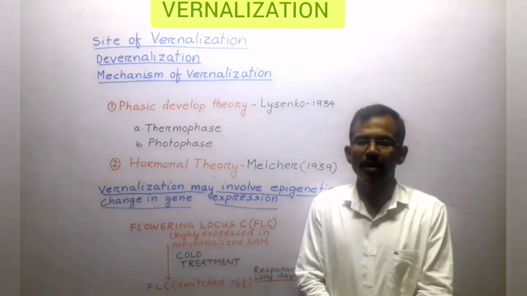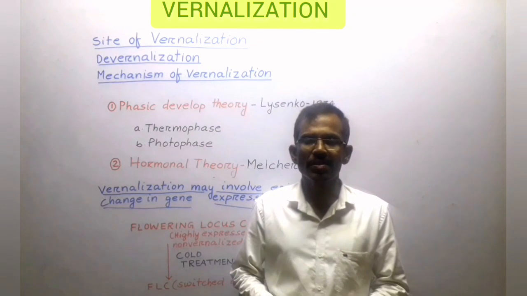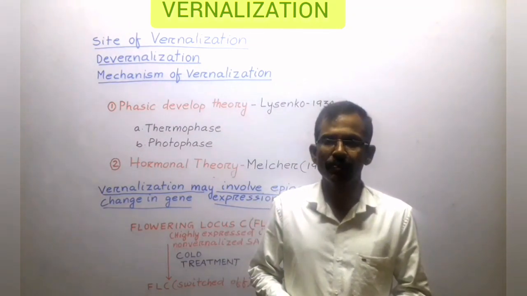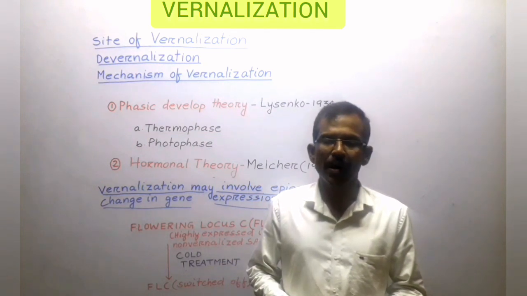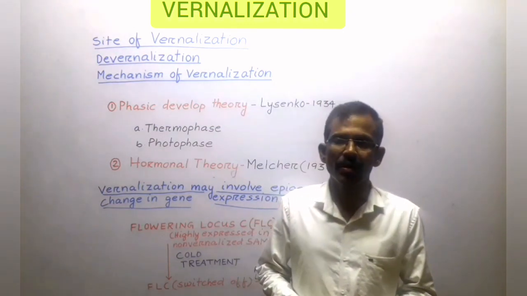Site of vernalization. The perception of cold stimulus is thought to take place in the shoot apical meristem. Embryos or even isolated meristems from rye seeds have also been vernalized.